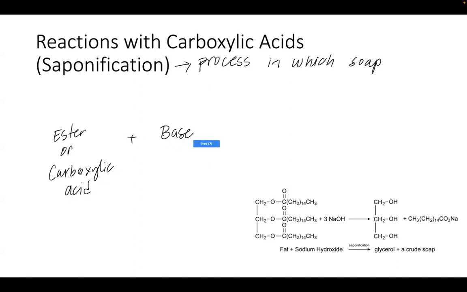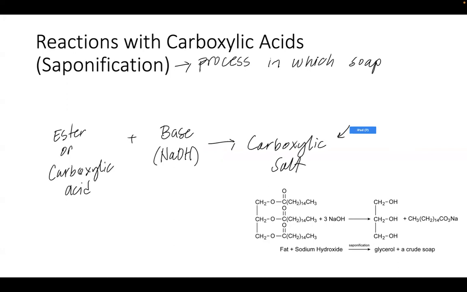Hope you remember base from week 3. So usually NaOH, and we get back a carboxylic salt. I don't need you to know what carboxylic salt is. I want you to know that saponification is a reaction between an ester and a base, or a carboxylic acid and a base. Okay.